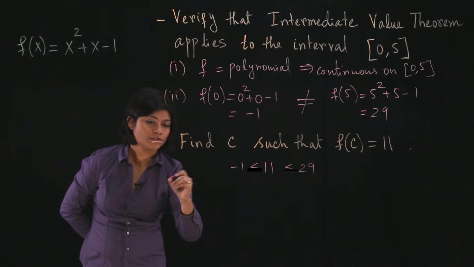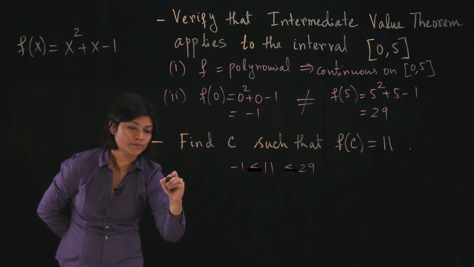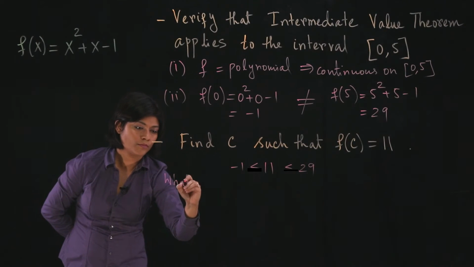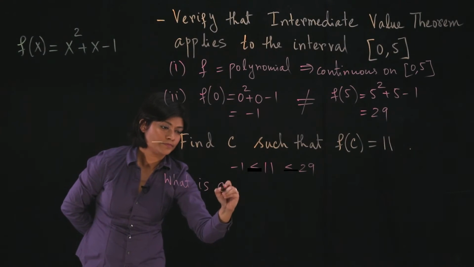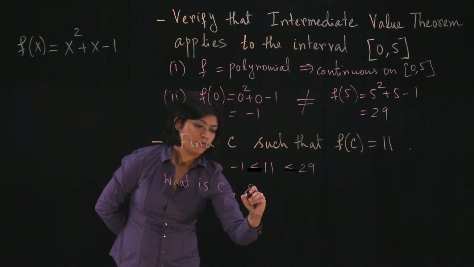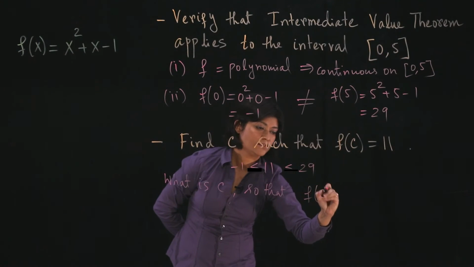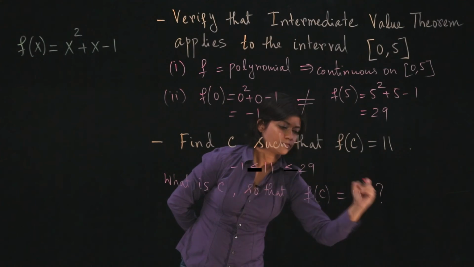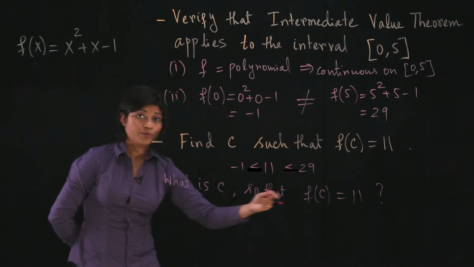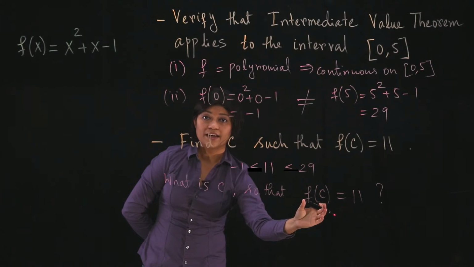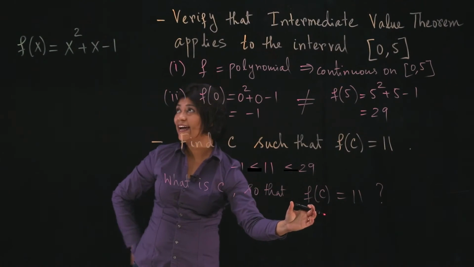So question is, what is the c so that f of c is 11? So it's an equation, right? Plug in f of c, figure out what that is.